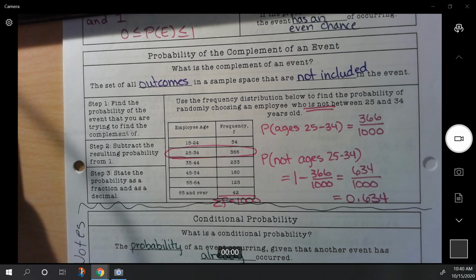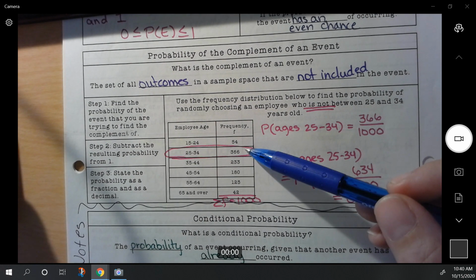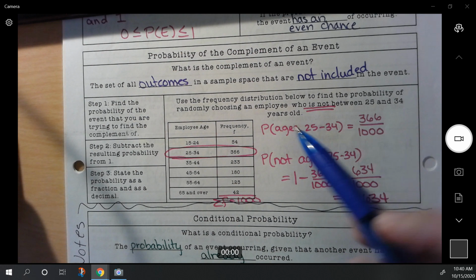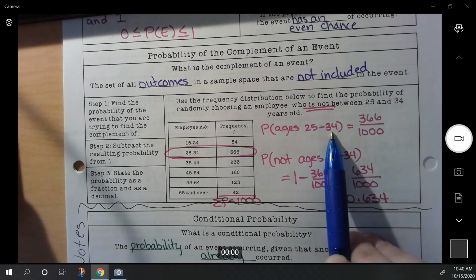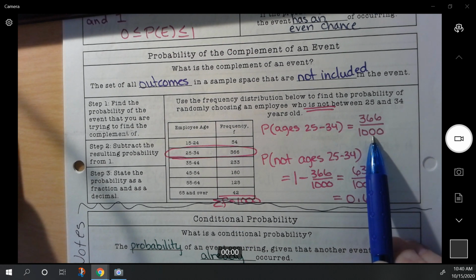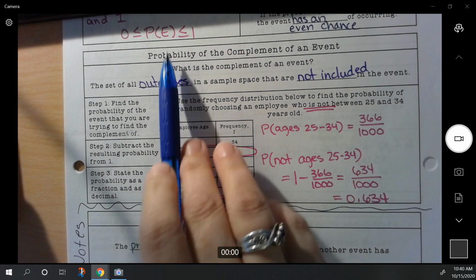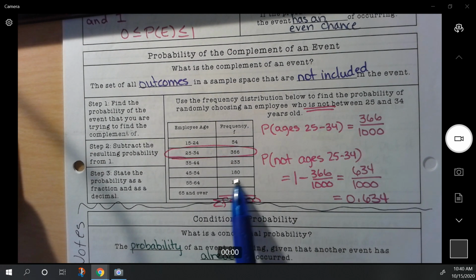Probability of a complement of an event. Sometimes we have a lot of other choices and we want to know the probability that this is not going to happen. If we know the probability of something happening, like ages 25 to 34, then we can take it away from 1, because remember, they always add up to 1, and we will find the probability of all the rest of them happening.